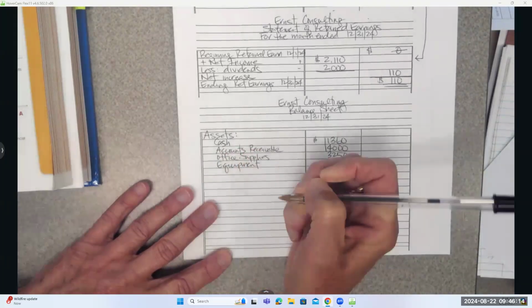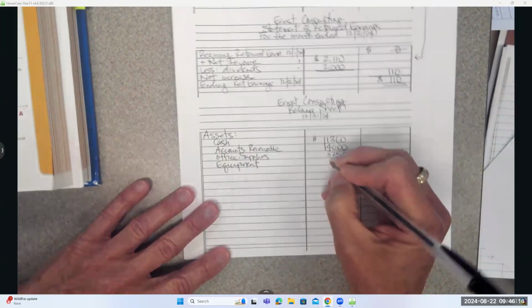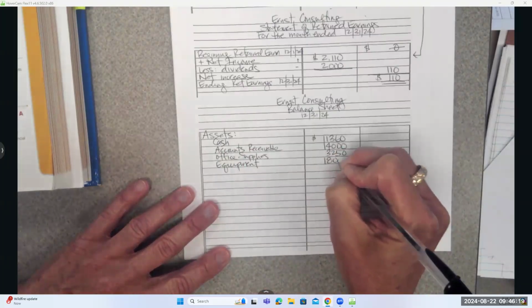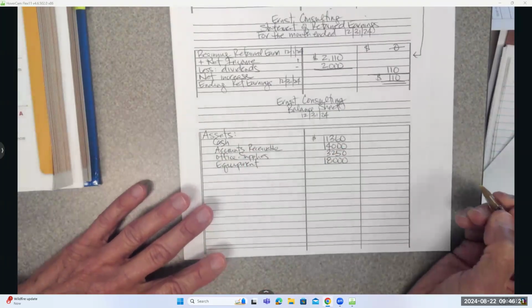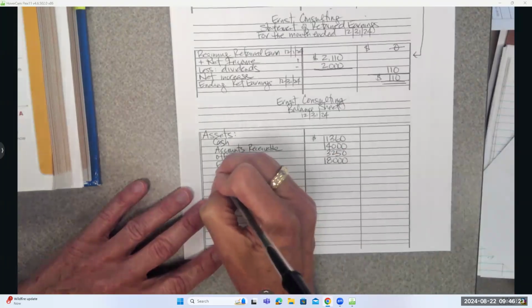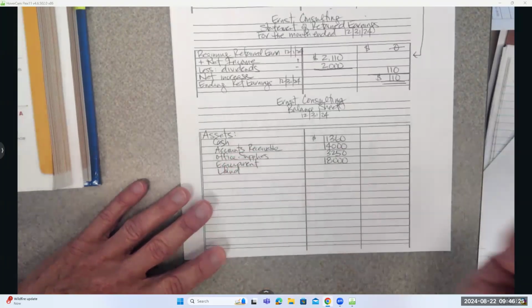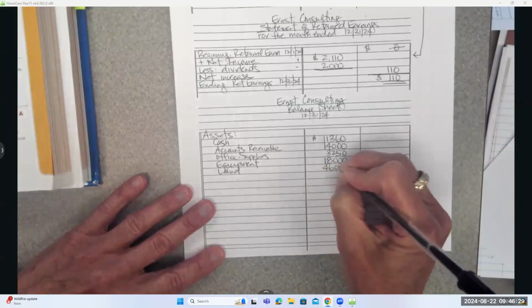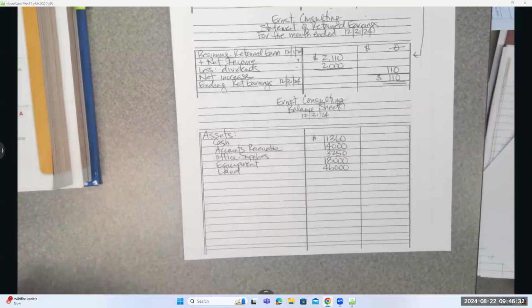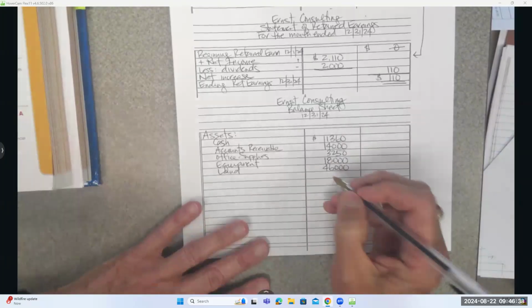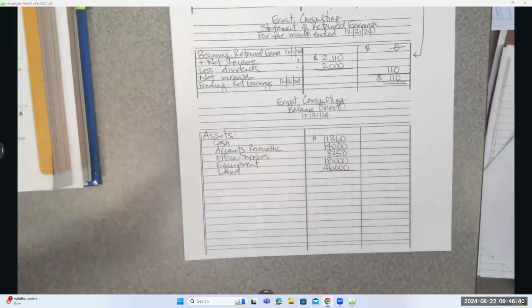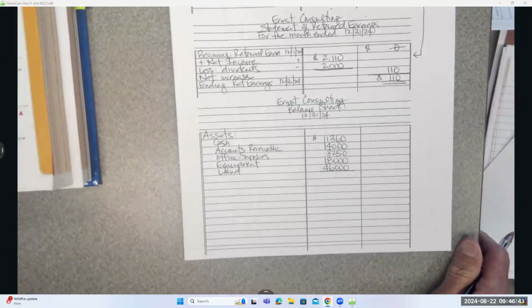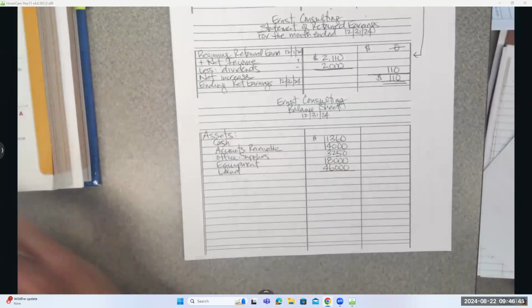Equipment of 18,000. And the one that always cracks me up, just a random piece of land for no apparent reason, just vacant land. But doesn't everybody just have this random vacant piece of land? I don't get it. You just have land. But it's an asset.